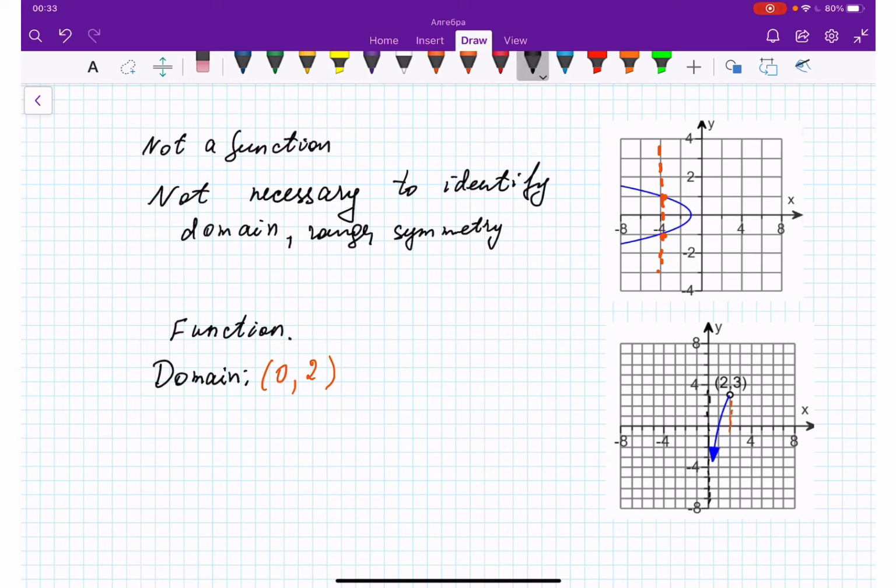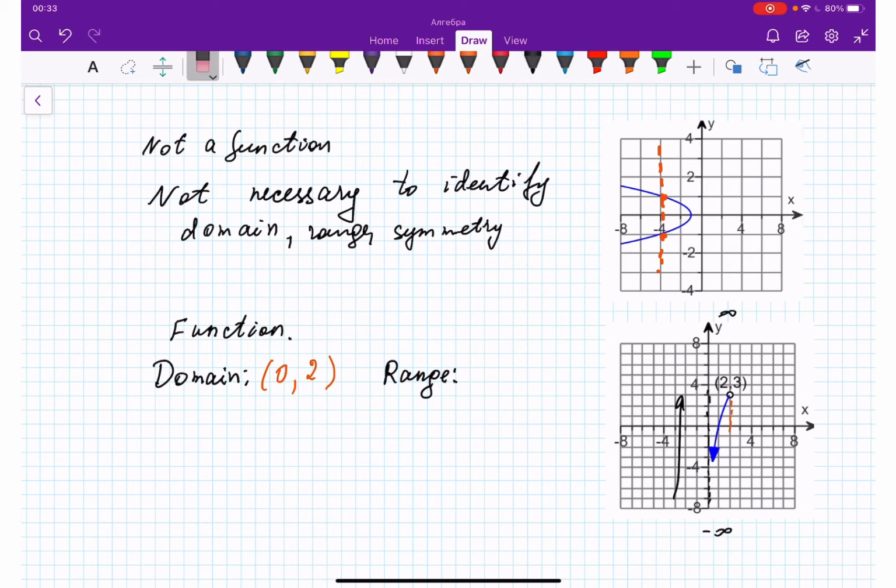How about range? What is going to be the range? Range is always running from negative to positive, from the bottom to the top, because here is negative infinity, here is positive infinity.